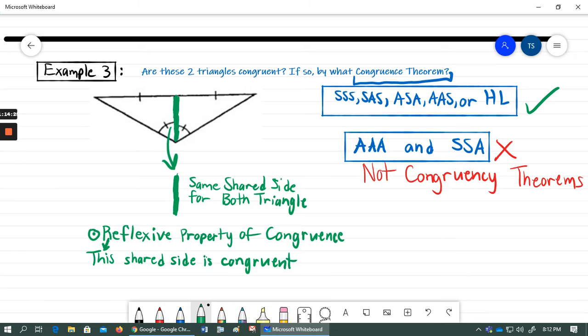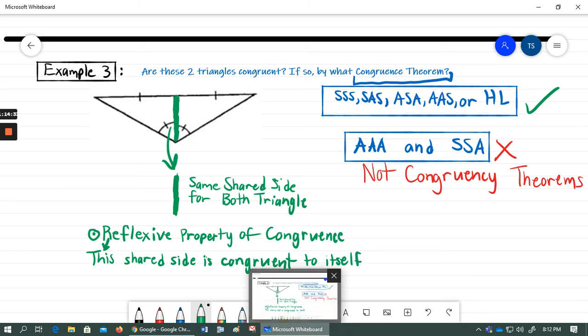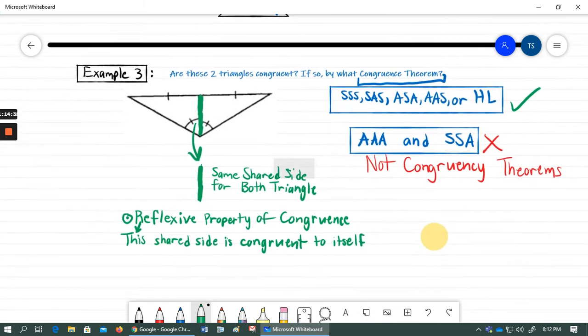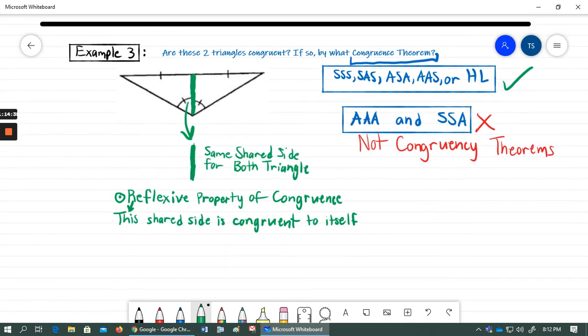All right. This shared side is congruent to itself. And so since we know that, let me go ahead and redraw that right there. Since we know that the same side for these two triangles is congruent to itself, I'm going to split these two triangles up.